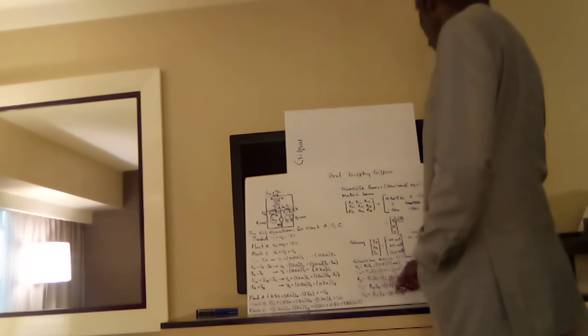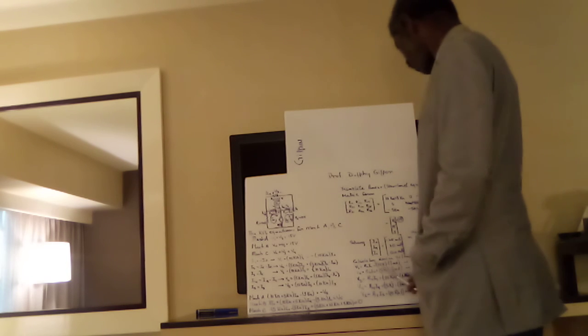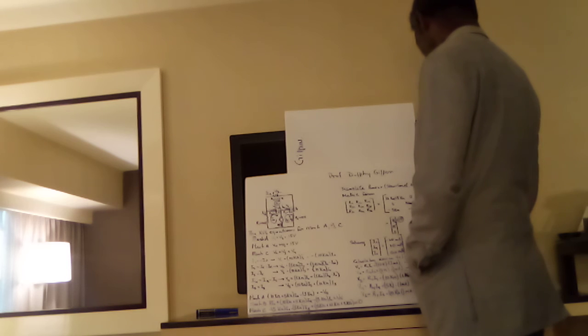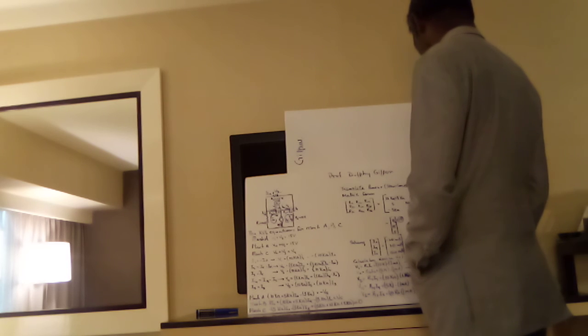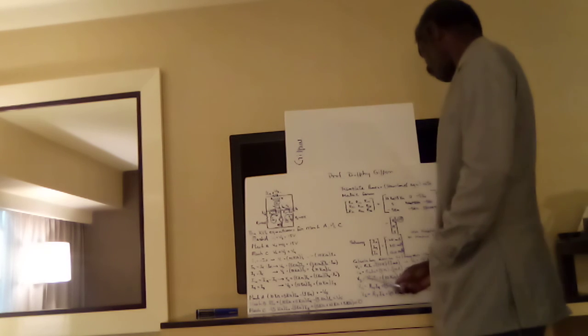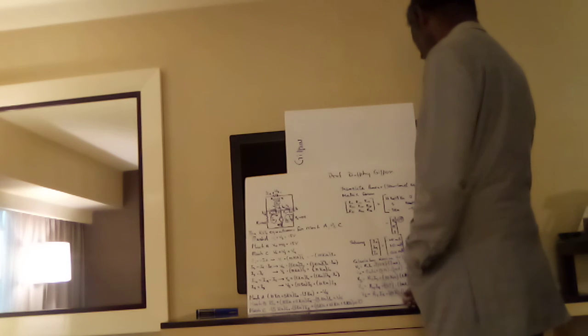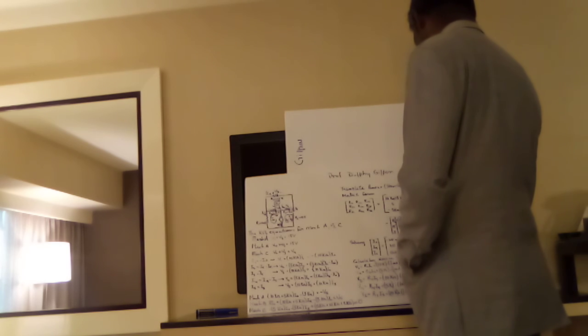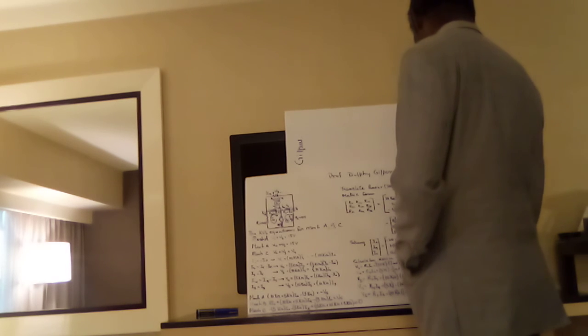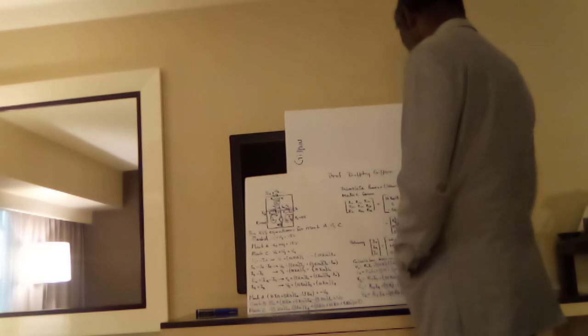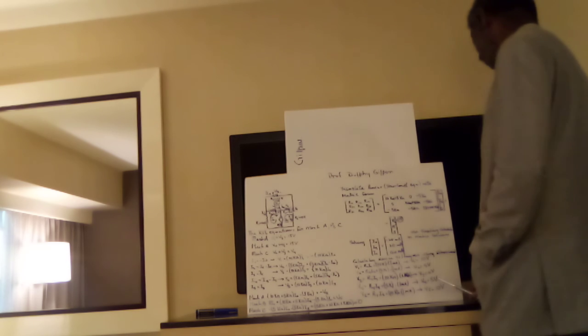V2 is equal to R2 I2, that's equal to 5 kilo ohms times 1 milliamp, so V2 is equal to 5 volts. And V3 is equal to R3 I3, which is 10 kilo ohms times 0 milliamps, that's equal to 0 volts. And V4 is equal to R4 I4, which is 5 kilo ohms times 1 milliamp, equal to 5 volts.